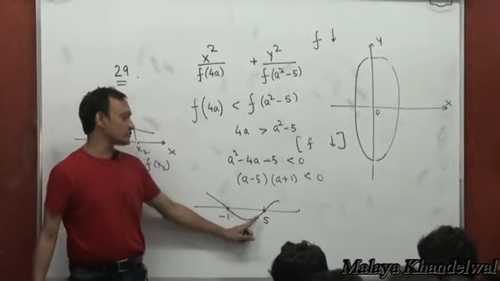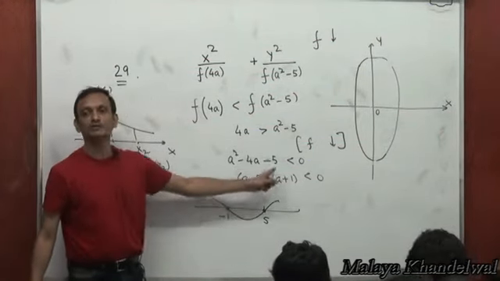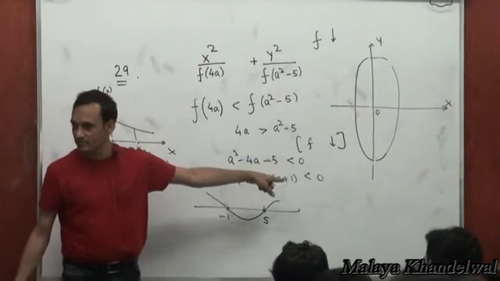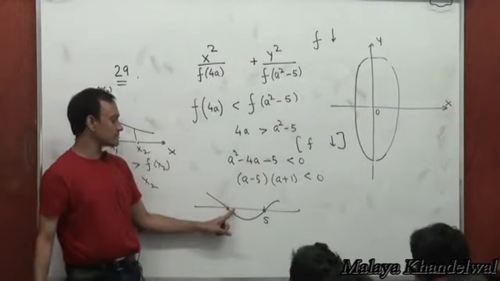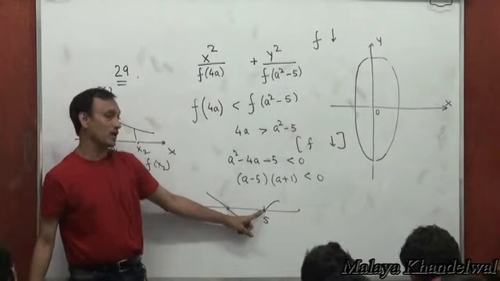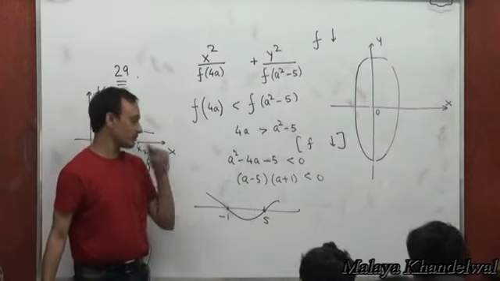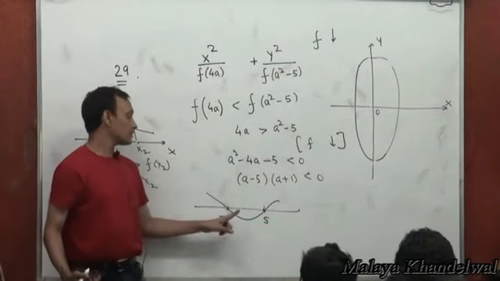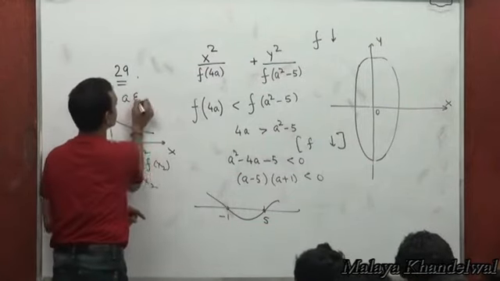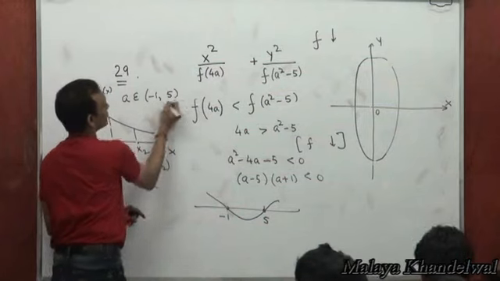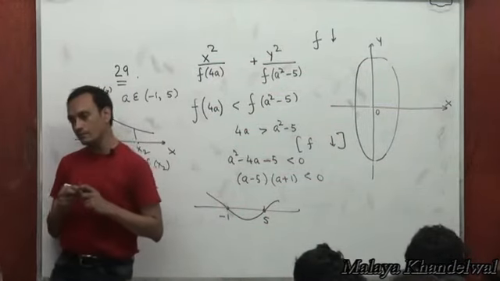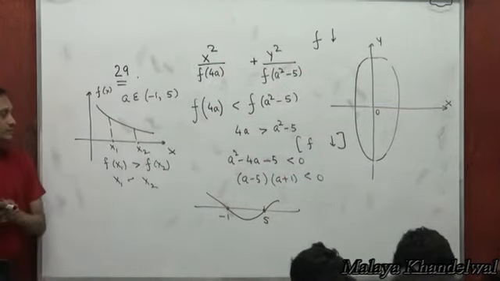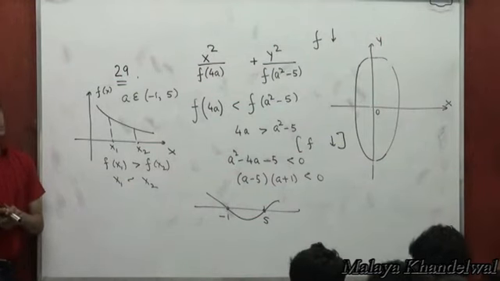I hope you remember the wavy curve method. A must lie between minus 1 and 5, not equal to minus 1, not equal to 5, but lying strictly in the interval, to the exclusion of minus 1 and 5. Clear?